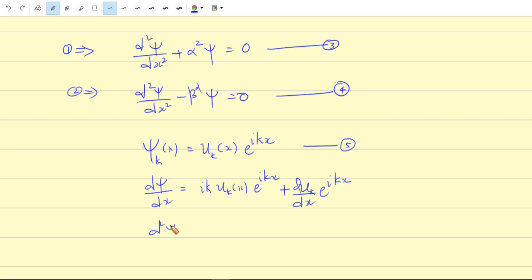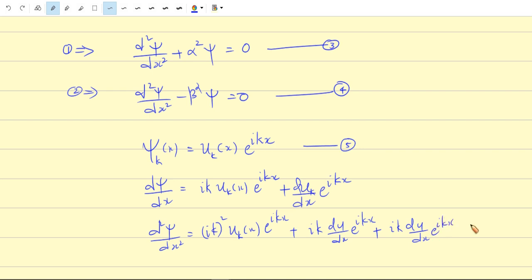Now d square psi by dx square is equal to (ik) square uk of x e raised to ikx plus ik du by dx e raised to ikx plus ik du by dx e raised to ikx plus d square u by dx square e raised to ikx.